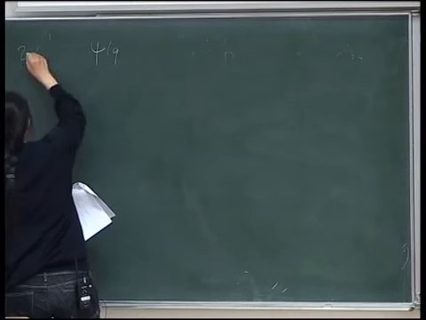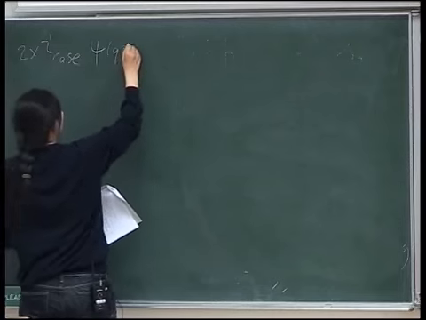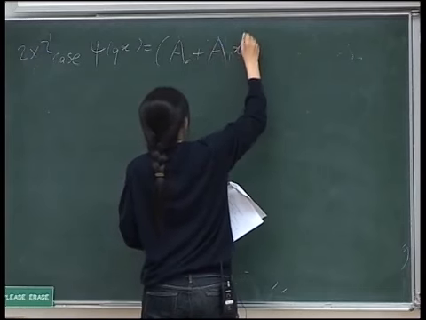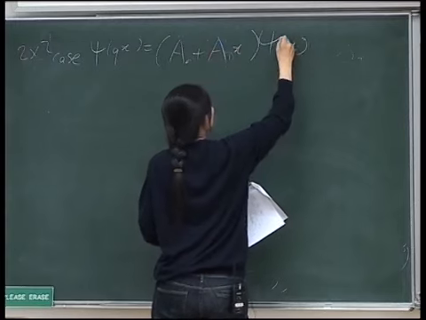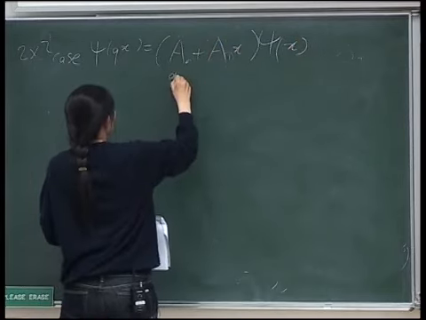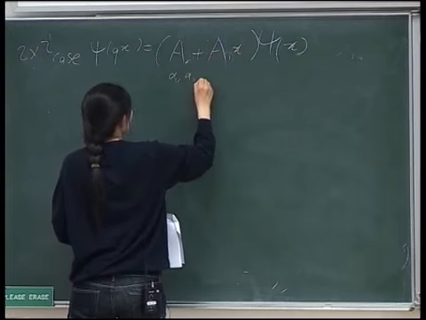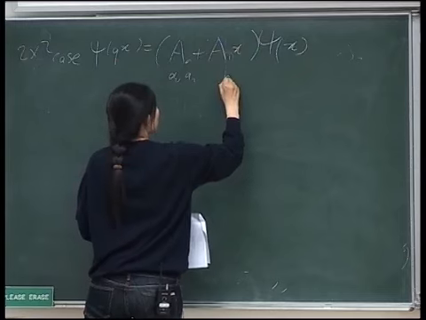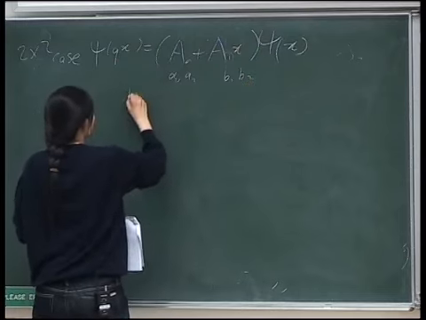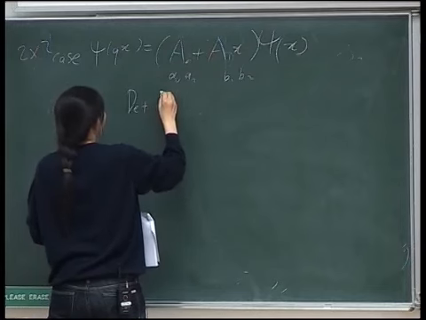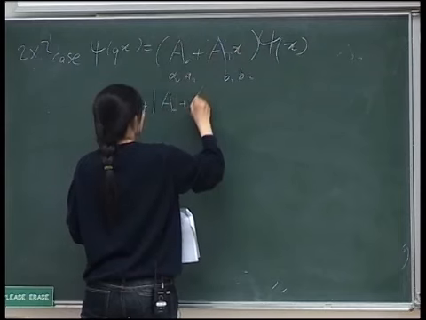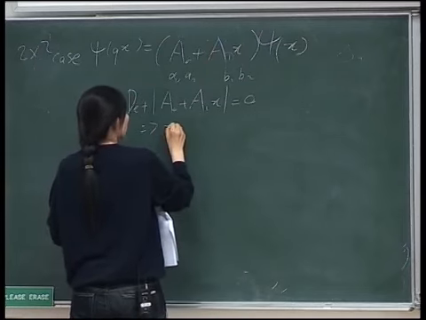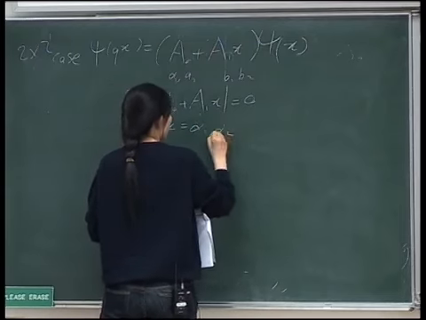Now this is the 2 by 2 case. So the eigenvalues for A node are A1, A2, and for A1 are B1, B2, and the determinant of A node plus A1 x goes to 0 implies alpha 1, alpha 2.